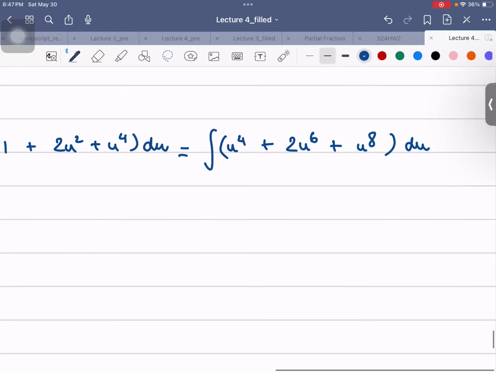You have u to the power of 5 divided by 5, 2u to the power of 7 divided by 7, u to the power of 9 divided by 9, plus c.